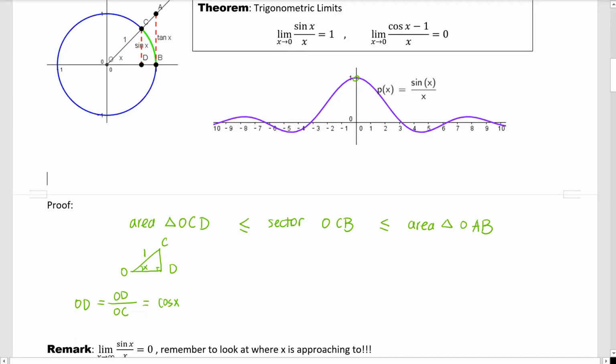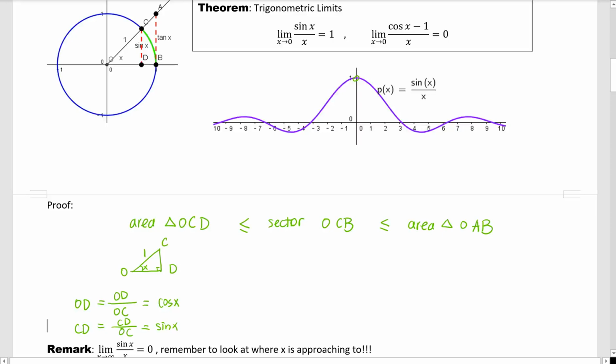And how about CD? CD over OC is opposite over hypotenuse, so that's sine x. And because OC equals 1, CD equals sine x, right?